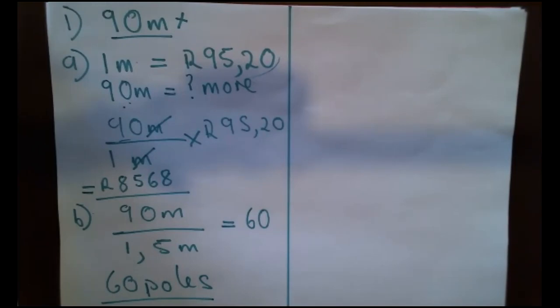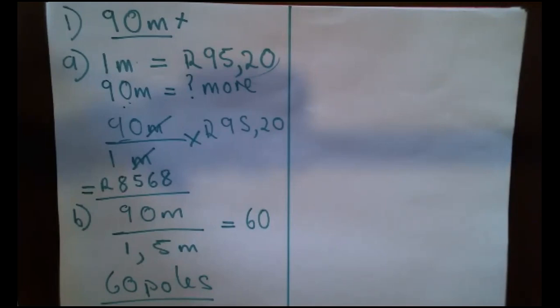That's great, guys. 60 poles. I'm really proud of you guys. You're getting these correct. So he has to use 60 poles to fence his home tent with 90 meters of fence.